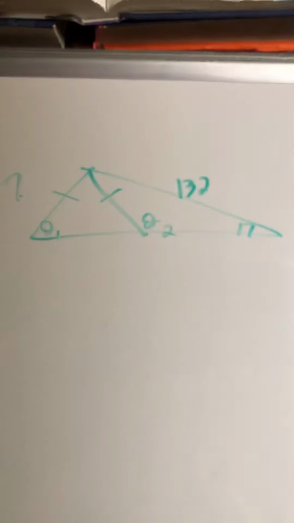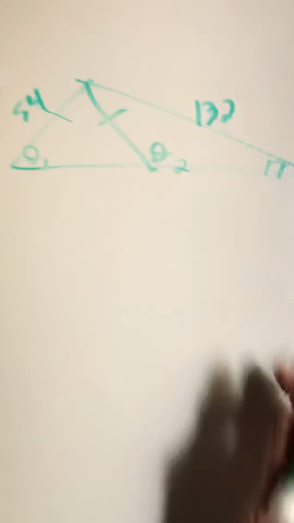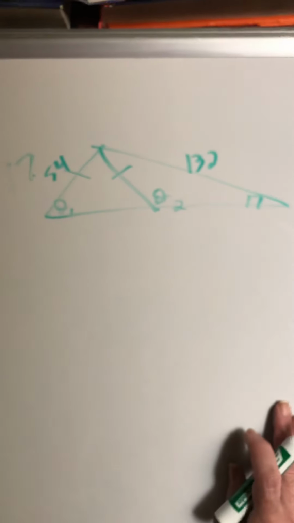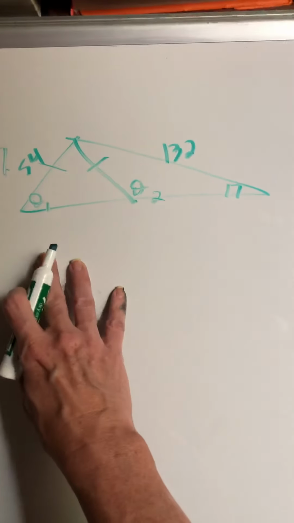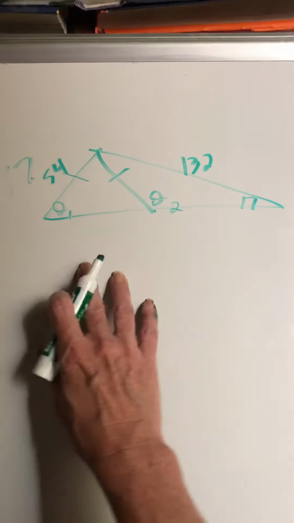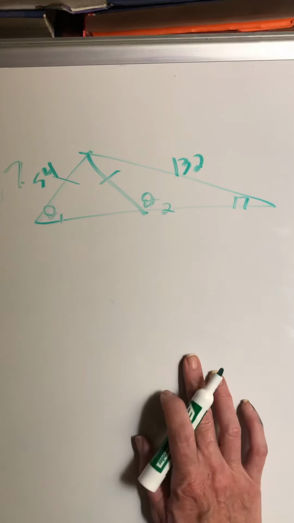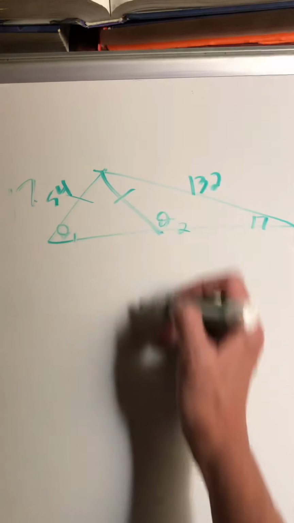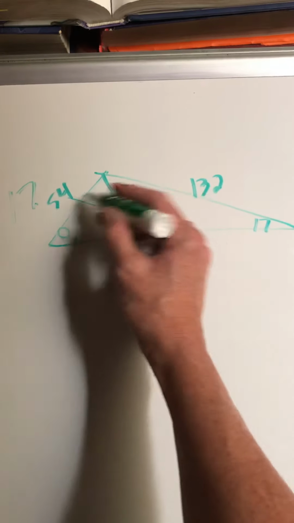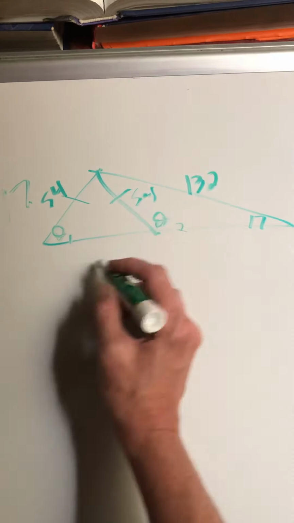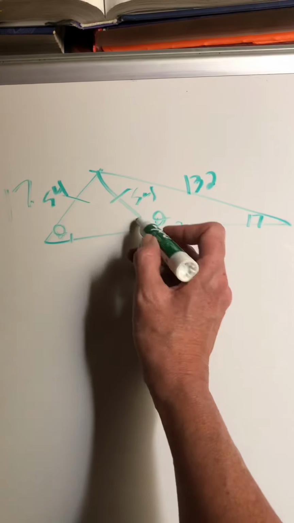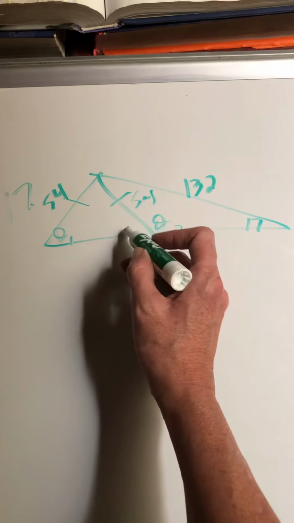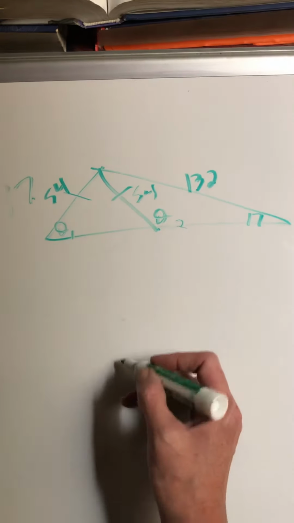What I would suggest, starting out to find theta 1, is use law of sines. Since these two are congruent, once you get theta 1, you can put it here and then subtract it from 180 and get theta 2.